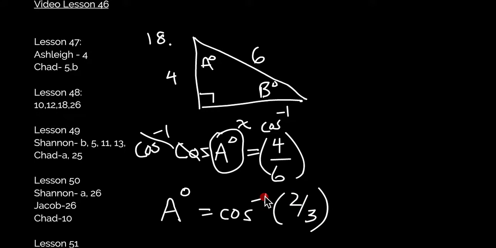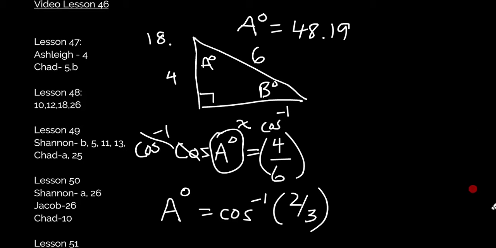So in our calculator, you do second cosine of 2 divided by 3, and we get 48.19. So A degrees equals 48.19. There you go.